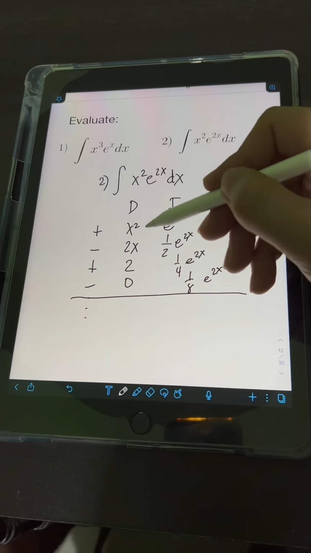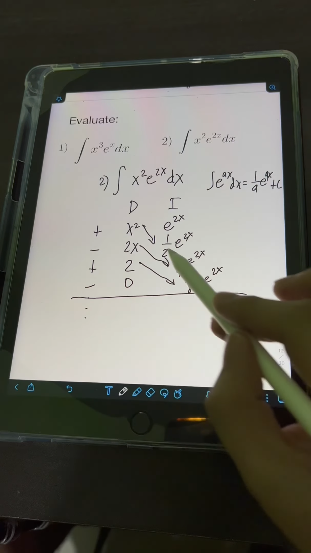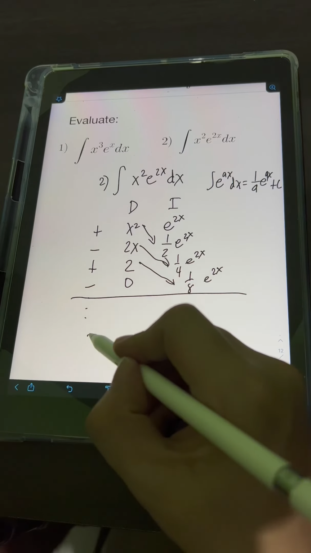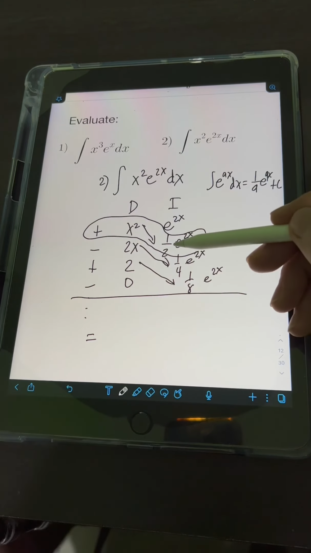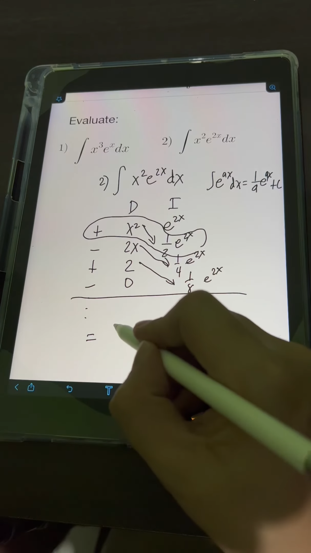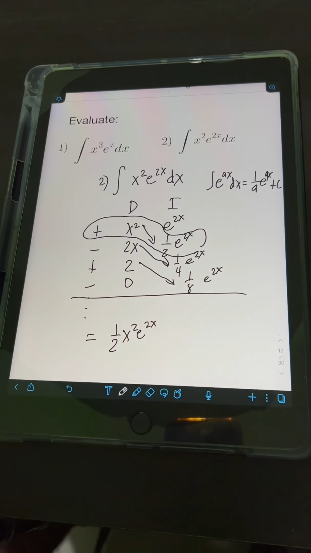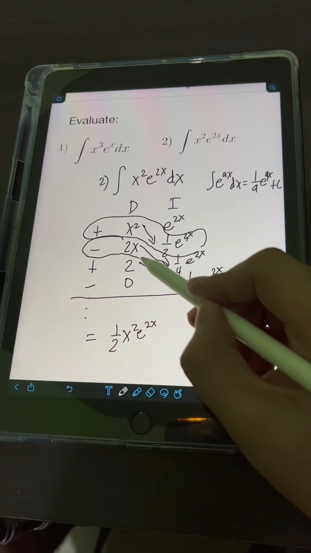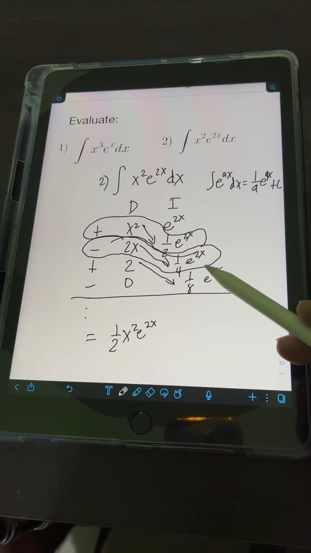For the final answer, let's just multiply the diagonal terms, including the sign convention at the side. For the first term, we will have positive x squared times 1 half e raised to 2x, which is the same as 1 half x squared e raised to 2x. Next, negative 2x times 1/4 e raised to 2x.